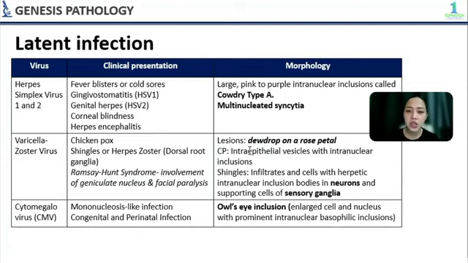Okay? Yung lesions sa chickenpox, tinatawag nila na dewdrop on a rose petal. So mamaya may picture ako niyan, pakita ko sa inyo. On microscopy, yung itsura ng vesicles, merong intraepithelial vesicles with intranuclear inclusion. Tapos, yung shingles mo, nag-occur siya if your VZV, which has remained latent in the dorsal root ganglia, is reactivated.